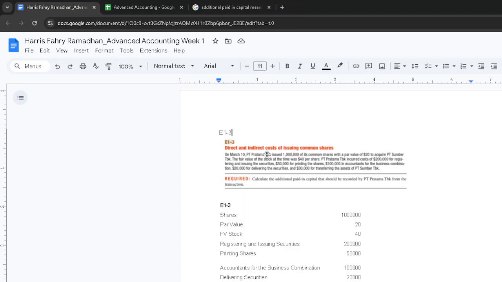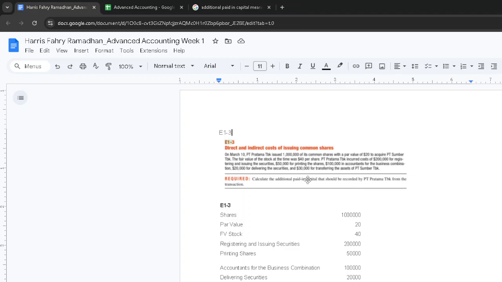During that, Pratama also incurred costs: 200,000 for registering and issuing the securities, 50,000 for printing the shares, 100,000 in accountants for the business combination, 20,000 for delivering the securities, and 30,000 for transferring the assets of PT Sumber. This is the company that they are investing in.